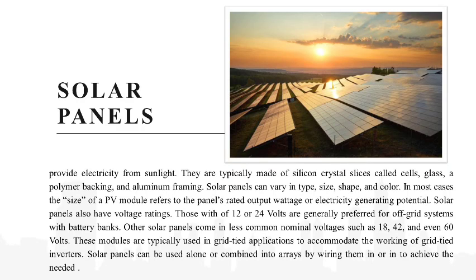Other solar panels come in less common nominal voltages such as 18, 42, and even 60 volts. These modules are typically used in grid-tied applications to accommodate the working of grid-tied inverters. Solar panels can be used alone or combined into an array by wiring them in series or in parallel to achieve the needed voltage or current.